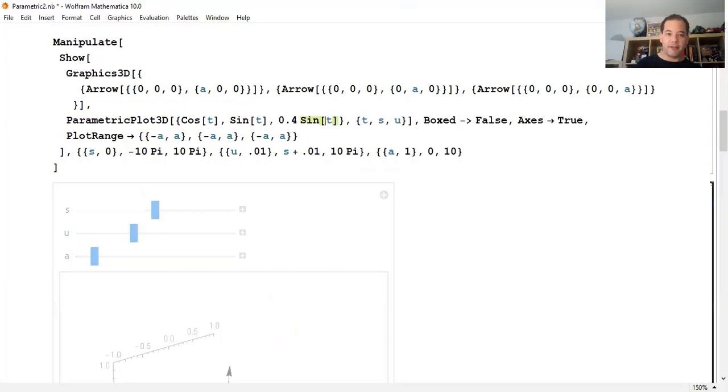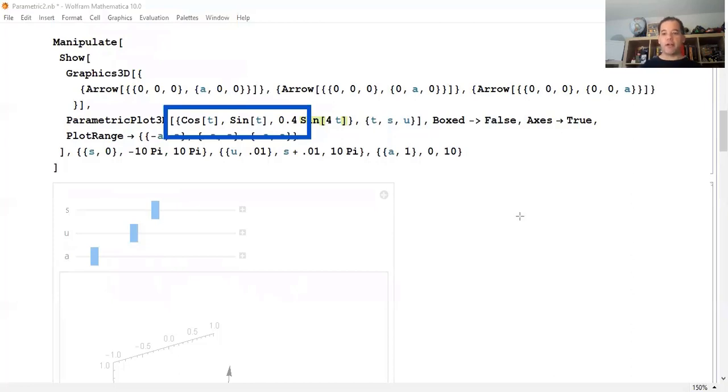So we make that into a 4. Remember, here's the graph, by the way. That's the equation of the graph. And now I made it into a 4, right? And the question is, what do you think is going to happen?